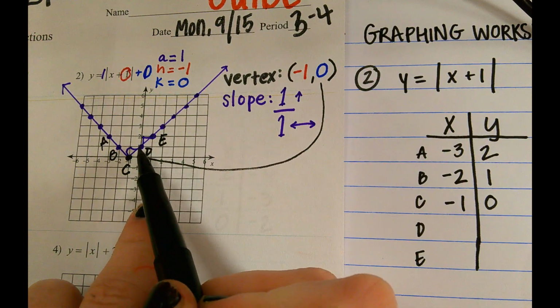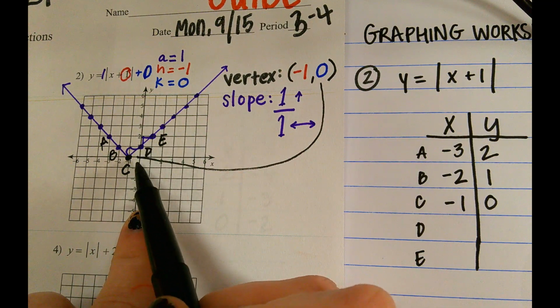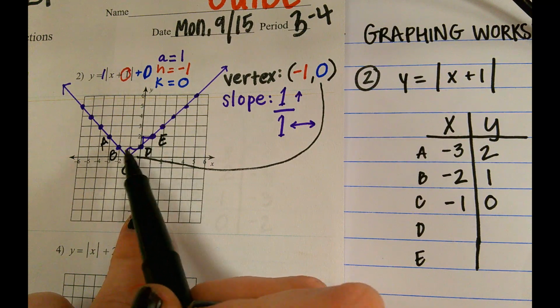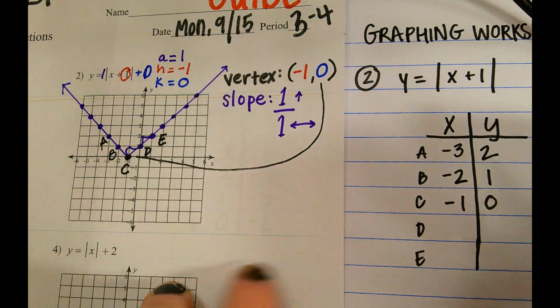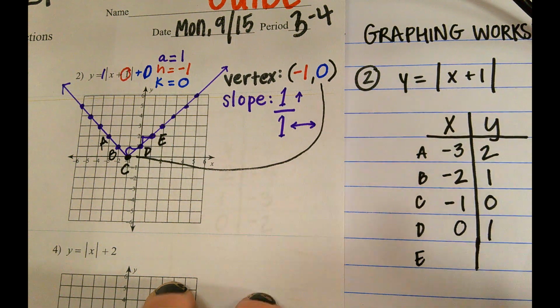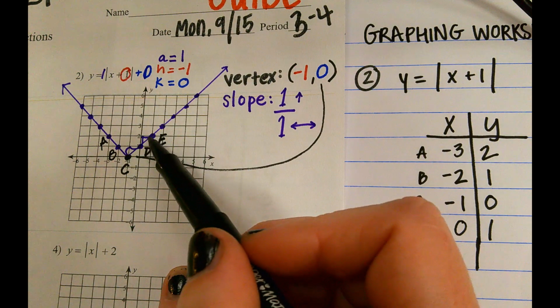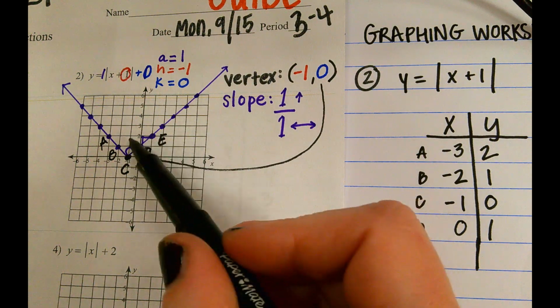So if I look at point D, we see that lines up with 0 on the x-axis and 1 on the y-axis. And how about point E? That's going to be 1, 2. 1 on the x, 2 on the y.